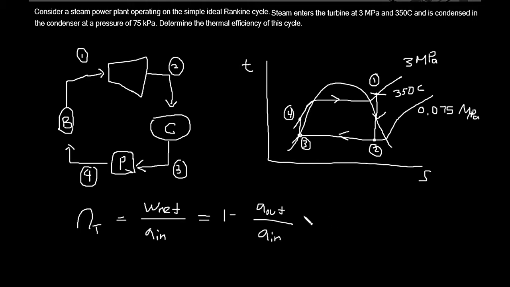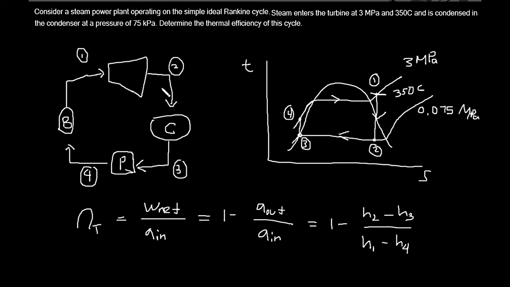Q out is equal to the enthalpy of state 2 minus the enthalpy of state 3, so H2 minus H3. Q in happens in the boiler, so H1 minus H4. Heat is equal to enthalpy change because it is a constant pressure process.